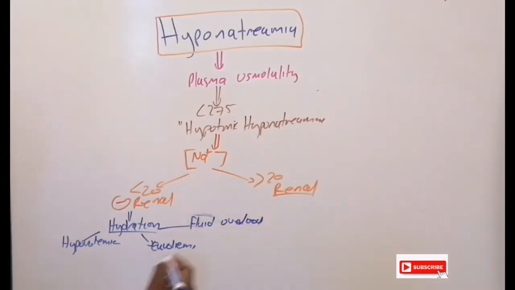Right? If the patient is hypovolemic, think about vomiting. That's a GI loss, right? Think about diarrhea, another GI loss. Think about skin losses.